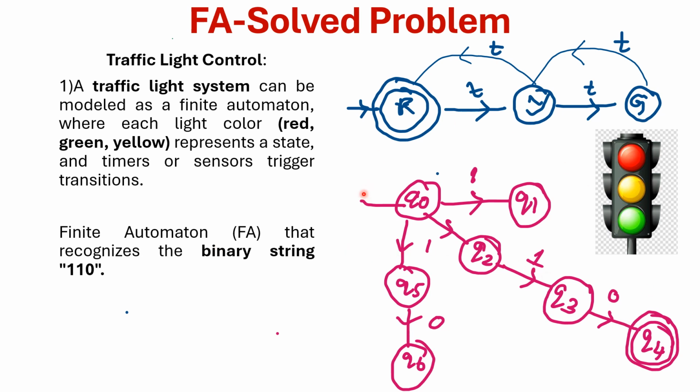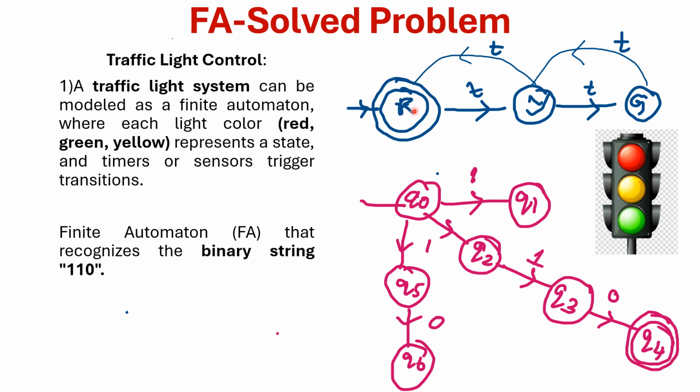In finite automata, we have 5 tuples. In this traffic light control system, how many states are there? That is called Q, the number of states. We have 3 states: R, Y, G. And what is the input? That is T. What are the transitions?